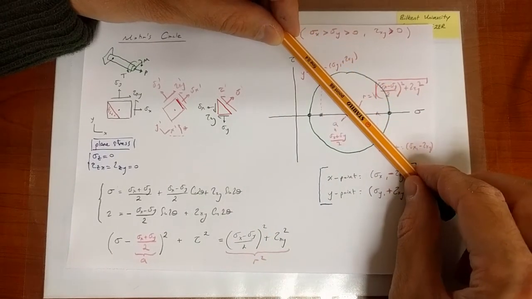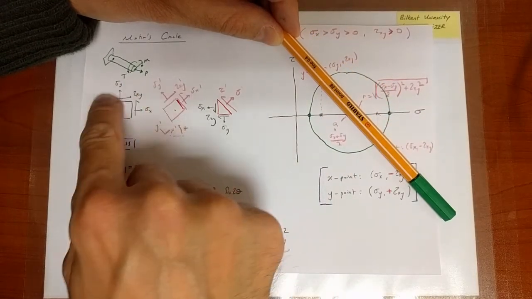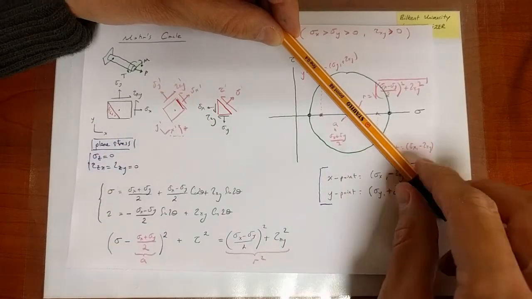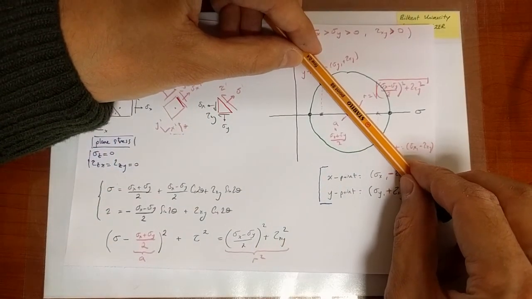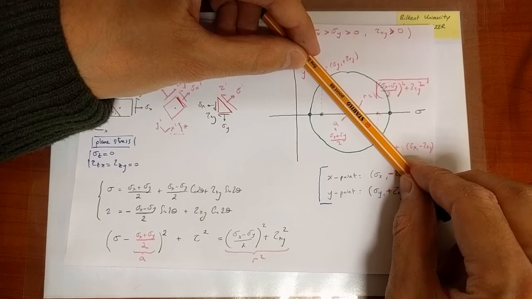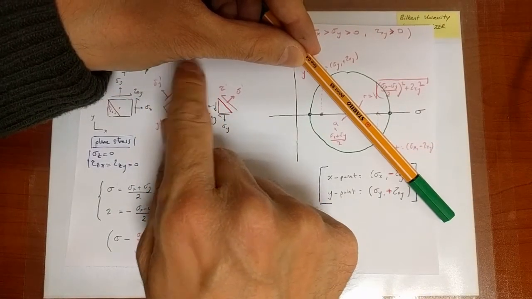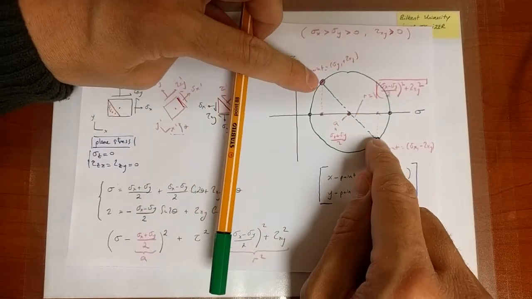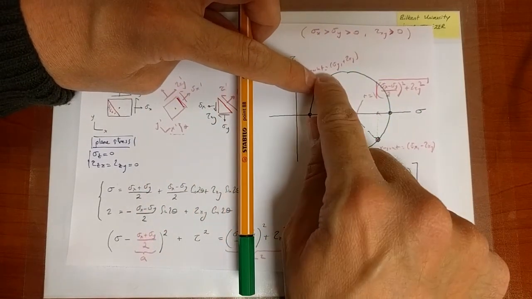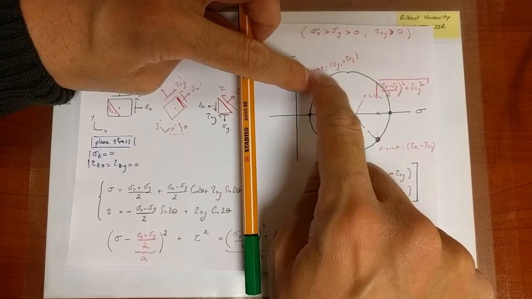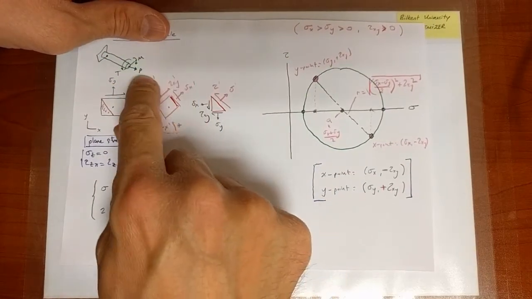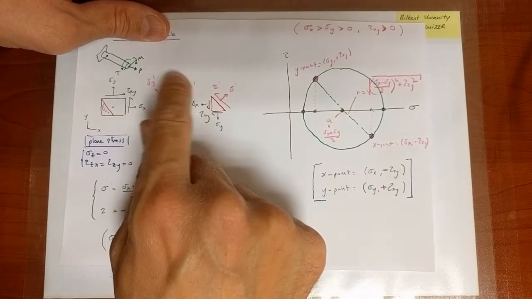Likewise for y. Now, when I rotate this picture through an angle of theta, I will be moving on the circle. Every time there will be two normal stresses that differ from each other in terms of orientation through 90 degrees. Apparently, on the circle, that difference is amplified by a factor of 2. Here, to go from one plane to the other, it's pi over 2, 90 degrees.